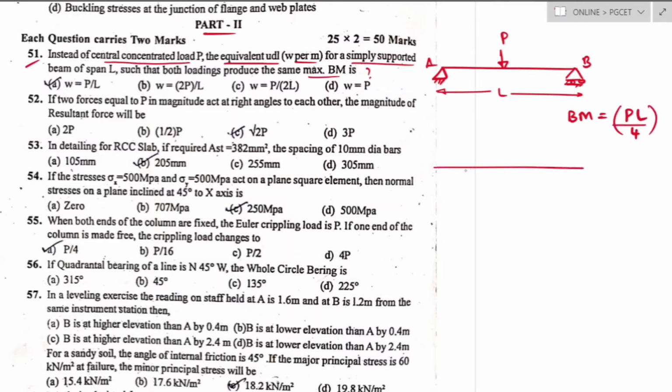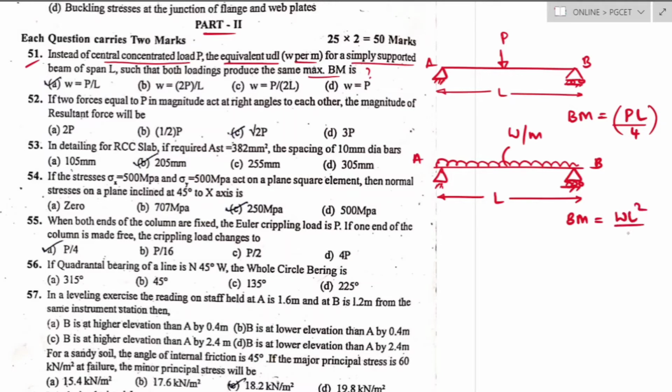And for the same simply supported beam, the central concentrated load is replaced by UDL, that is W per meter for a span length of L. Then the maximum bending moment is given by WL square by 8. Equating both, W is equal to P by L. So option A is the right answer.